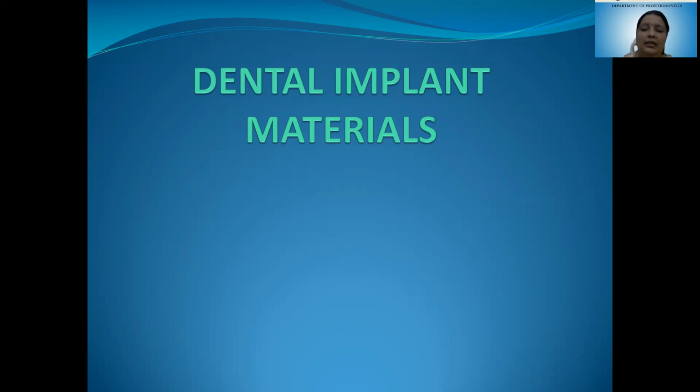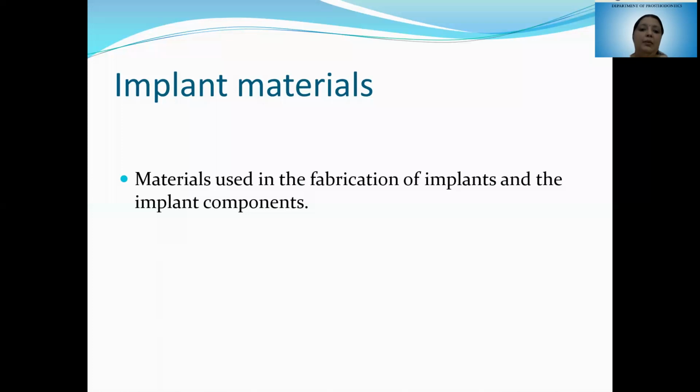Let us take a look at the different implant materials which are used for making implant fixtures, for coating the surface of implants, and for making the different implant abutments, screws, etc. An implant material is the material used in the fabrication of implants and implant components.